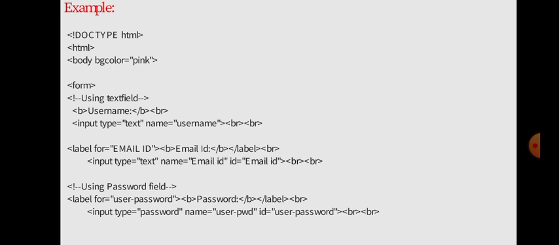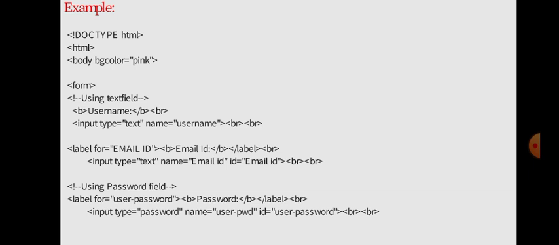So it creates one single line text box and the name of the text box is username. Input type is equal to text. So using type is equal to text, I'm taking text related information only, that is also in a single line. Name is equal to username.